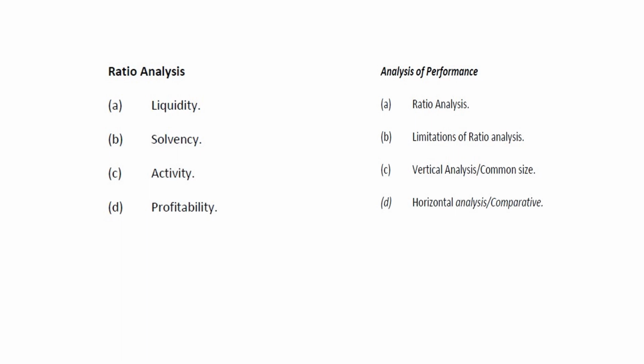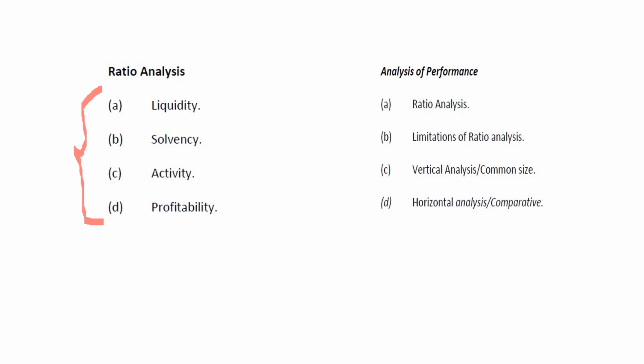So our next topic is ratio analysis, and we should be able to calculate ratios in these four areas: liquidity, solvency, activity, and profitability. So you should be armed with a few ratios here, at least the first two, the quick ratio and the current ratio. For solvency, you're looking at the gearing ratios here.